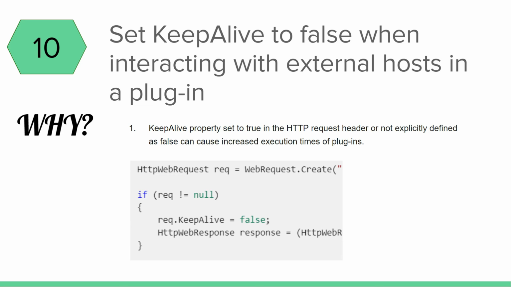If the keep alive property is set to true in the HTTP request header, or not explicitly defined as false, it can cause increased execution times of plugins. So you have to keep it false so that it will not increase the execution time. If you do not specify it, it will increase the execution time, which is not expected. So this is an important best practice.